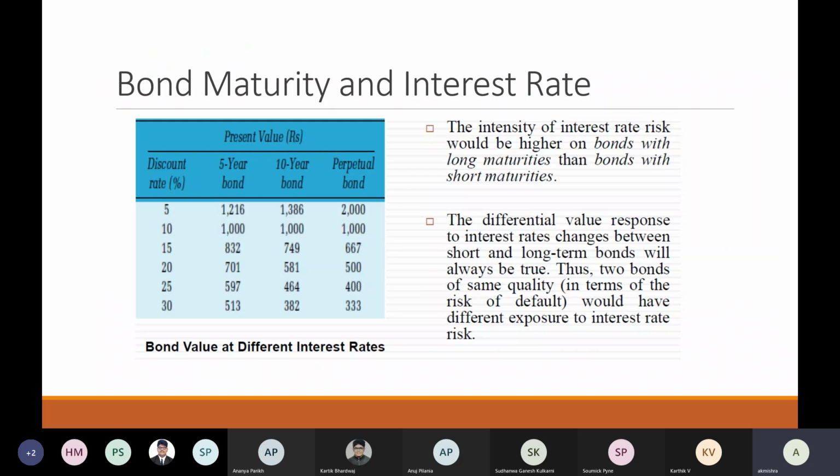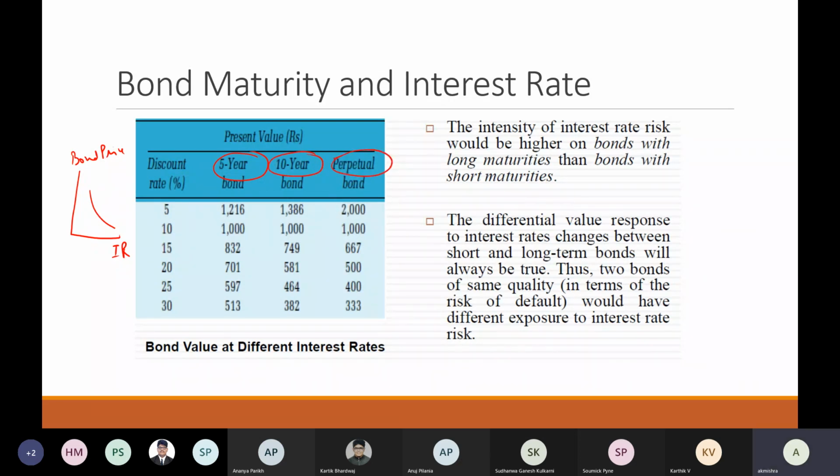Now, so far we have seen a relationship. If you remember this kind of relationship we have seen, here interest rate and bond price. But maturity is also one of the key factors.